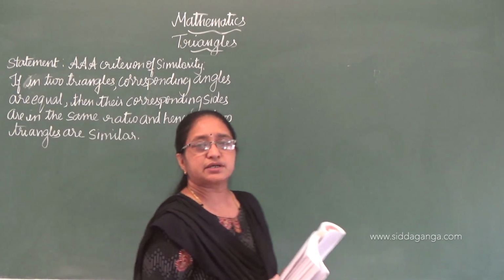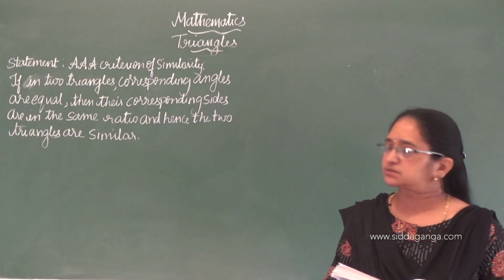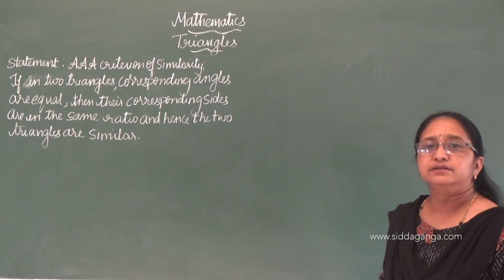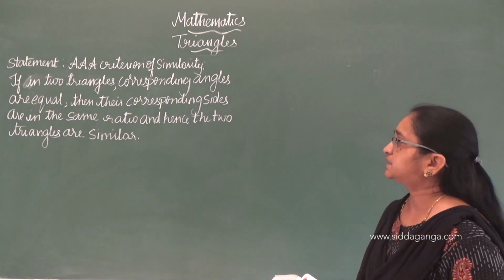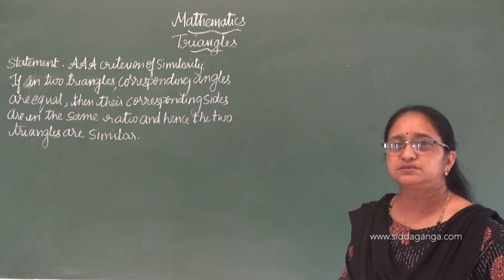Okay, this is the statement of the AA criteria. In two triangles, if corresponding angles are equal, then their corresponding sides are in the same ratio, and hence the two triangles are similar.